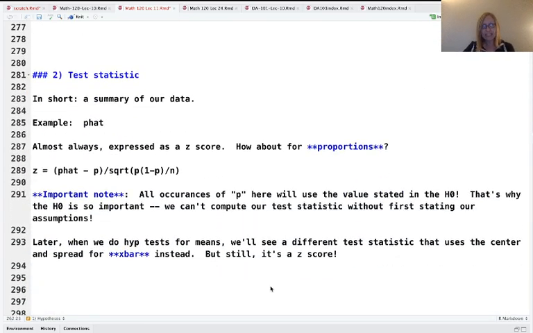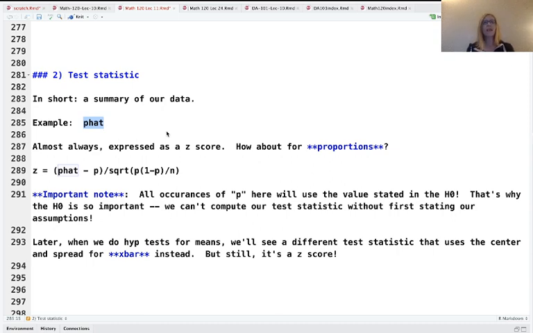Okay, test statistics. Test statistics are, of course, statistics. Like any other statistics, it's a summary of our data. So, for example, if we're talking about proportions, sample proportions, our test statistic is always going to be a z-score for the sample data.